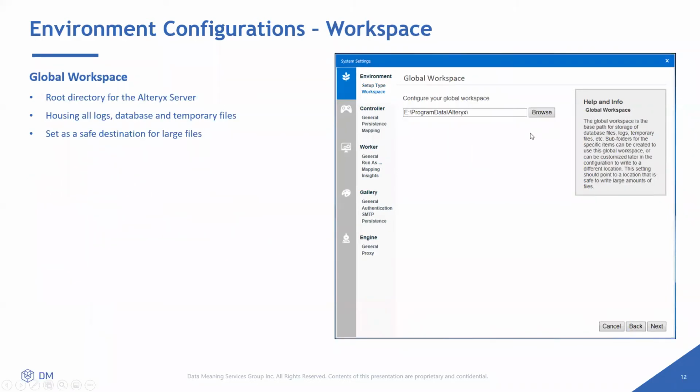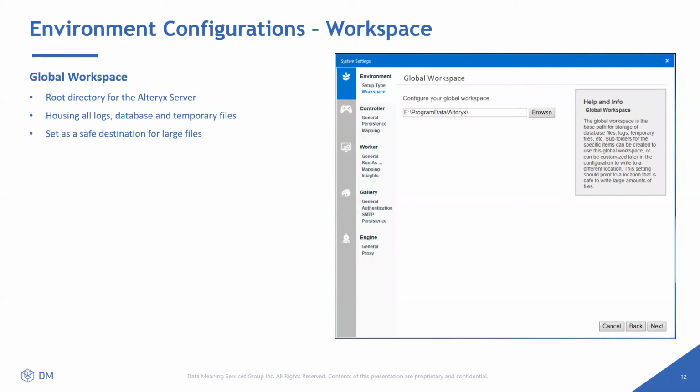So the first area, once you've selected what you are trying to set up, is going to ask you for a location for your global workspace. Now, the big thing to keep in mind here, this is the root directory for the Alteryx server, and any underlying files, logs, or temporary areas by which a workflow or other processes take place.